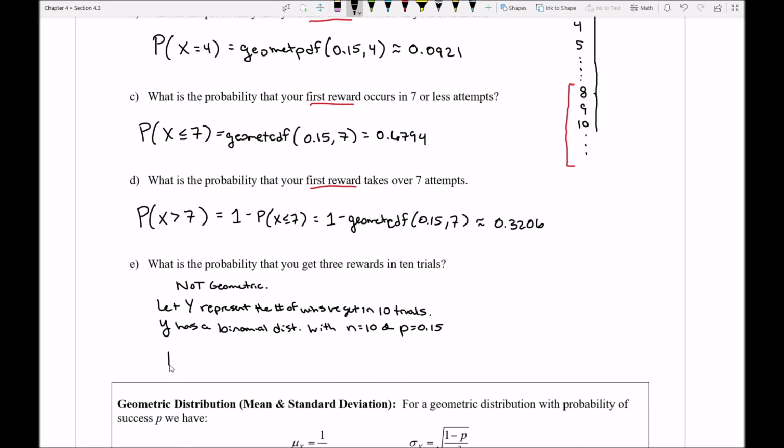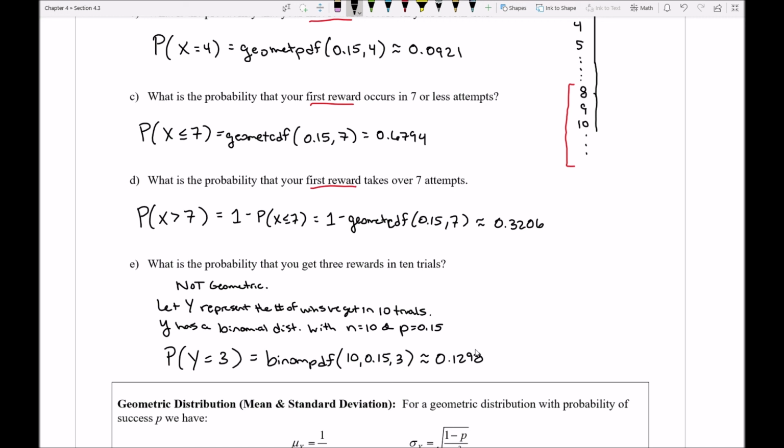I'm interested in the probability that y, the number of wins in 10 tries, is 3. That can be addressed with a binomPDF, where I have 10 trials, a 15% chance to win, and I want exactly 3 successes. If you type this into your calculator, hopefully you can confirm a final answer of 0.1298.